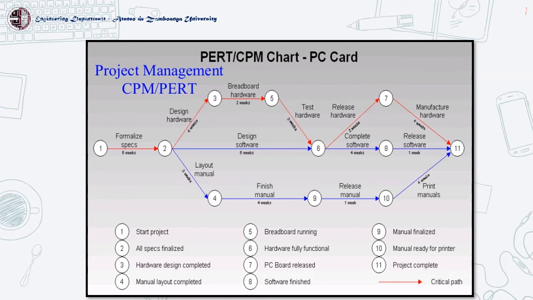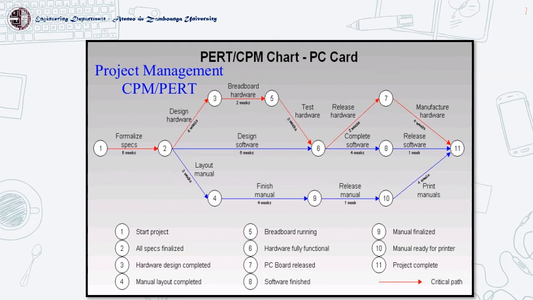So you have here number 1, start of the project. For 6 weeks, you're going to formalize the specifications, and then after 6 weeks, you should have finalized specs. The red here is the critical path. That means one delay in any of these checkpoints or activities will cause a significant delay in project completion.